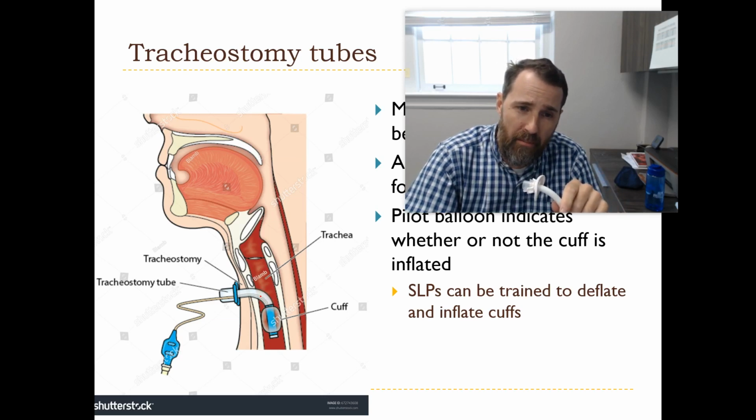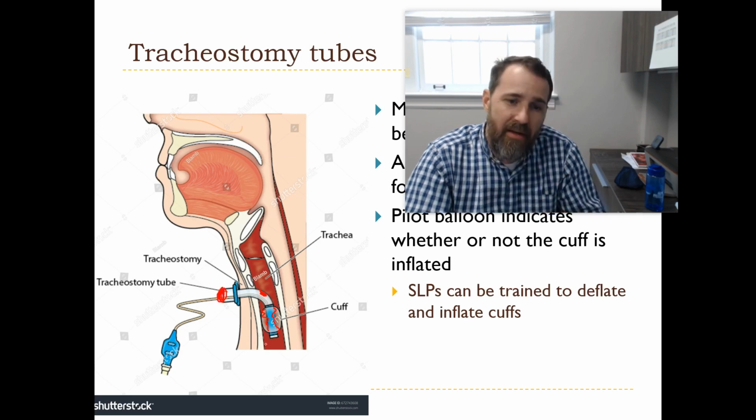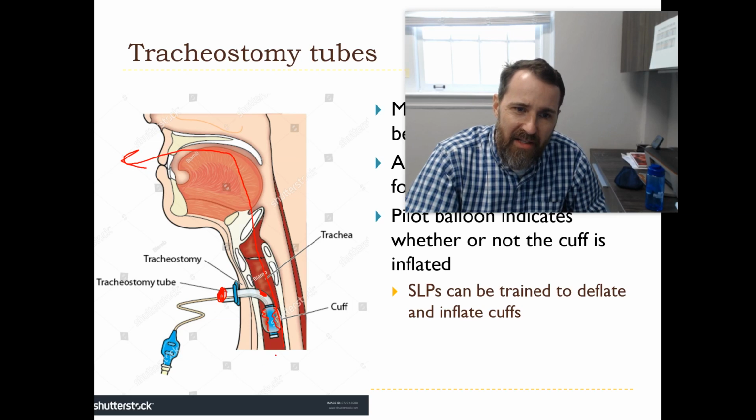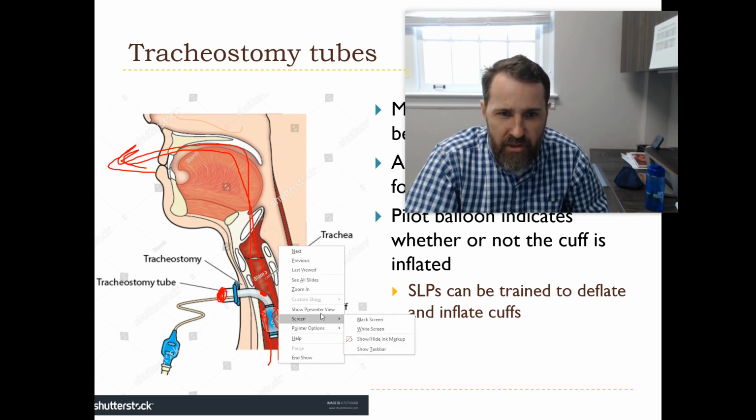So let's put a fenestration on this tracheostomy tube. And let's deflate his cuff. And now let's put a cap on the tracheostomy tube. Now inspiratory and expiratory air is going to be moving past the sides of the tracheostomy tube, as well as through the fenestration.